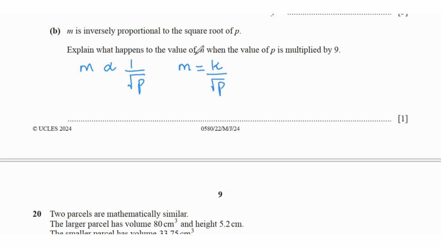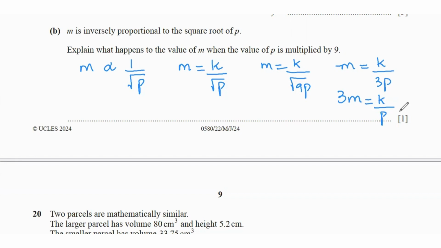Now, what happens to the value of m when p is multiplied by 9? That's m equals k over root of 9p, and that is k over 3 root p. So if we multiply the 3 with m and move it over there, 3m equals k over root p.